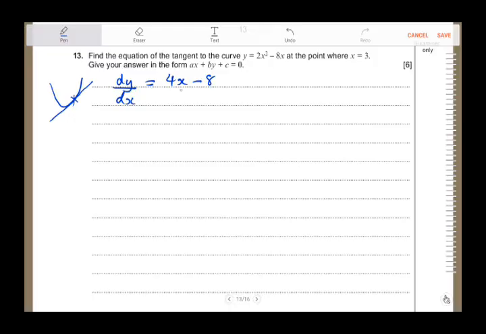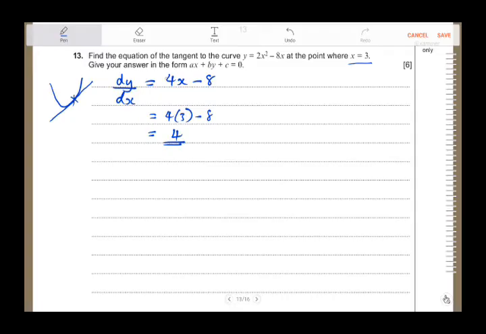All we need is an x coordinate, and yes, in the question we have got the x coordinate there, x equal to 3. So we put x equal to 3 in, and we have 12 minus 8 is 4. So the gradient of the tangent is 4, because it is the same as the gradient of the curve at that point where it is in contact, when x is equal to 3.